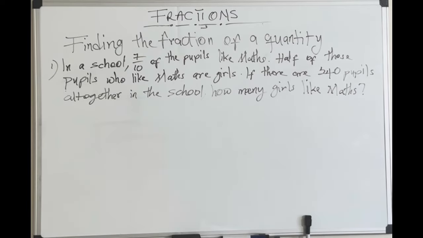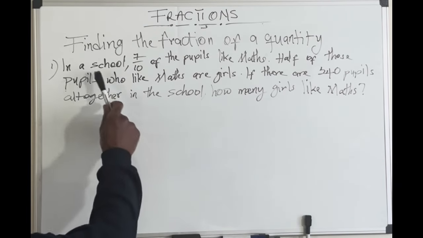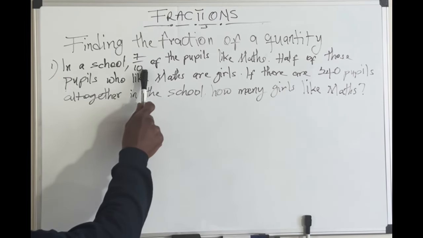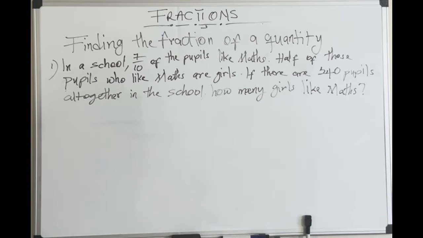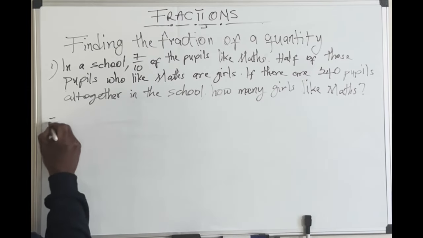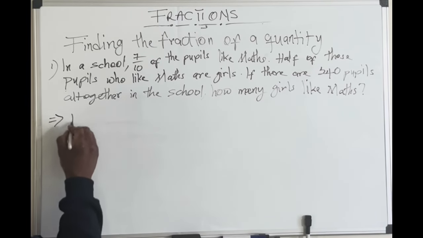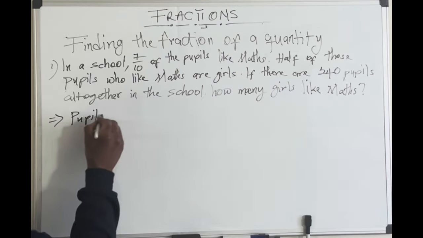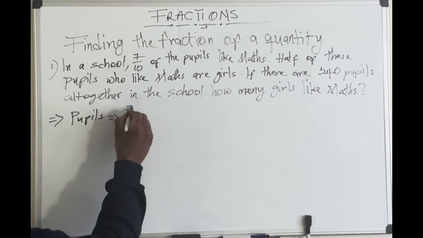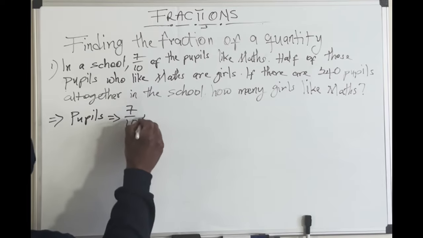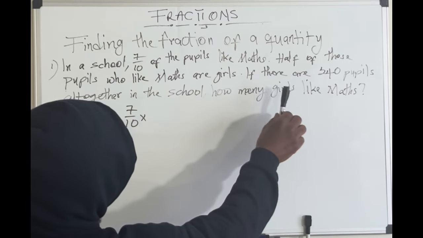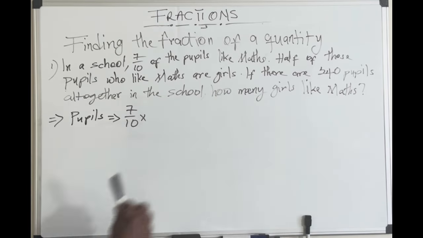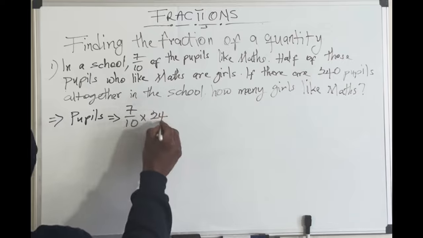So first of all, how many people like math before we come to the girls? It said in a school, 7/10 of the people like math. So the number of people will be 7/10 times the whole, which is 240.